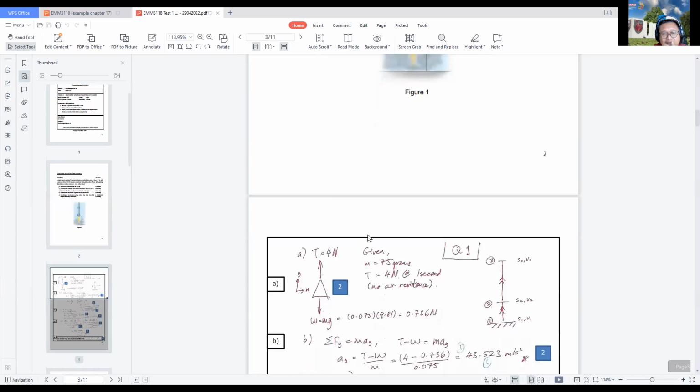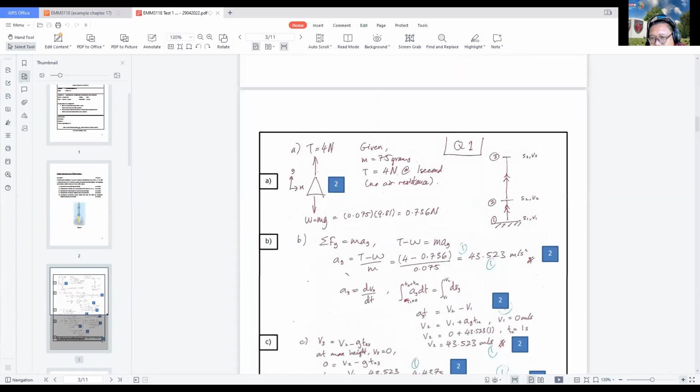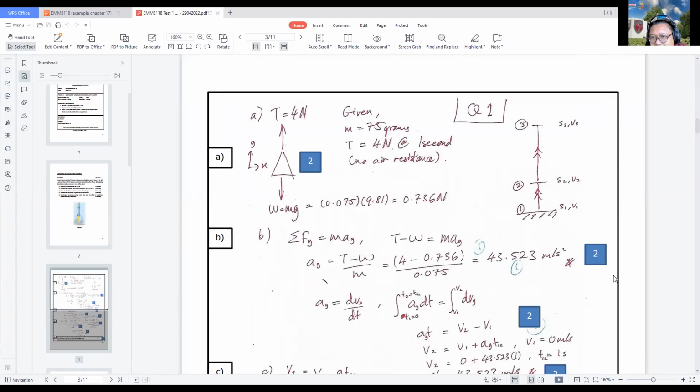So the answer would be, first you need to draw the free body diagram for that particular rocket. You can use whatever shape you like. In this case, I put a triangle, it is much easier for me to draw. Given the mass of the rocket is 75 gram, the thrust is 4 Newton, and there is no air resistance. Moving to the right hand side, you can see there are 3 stages.